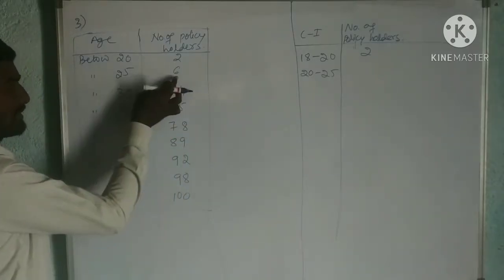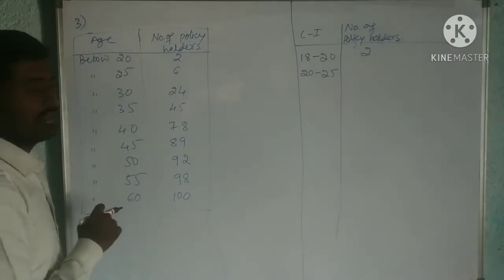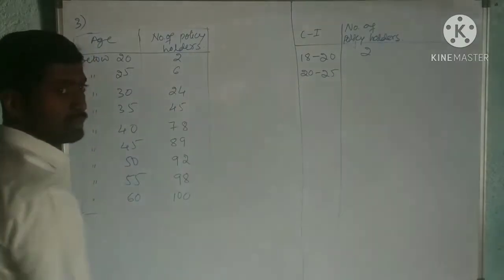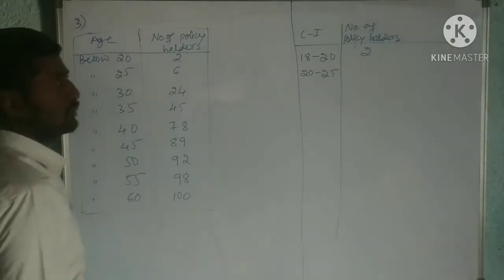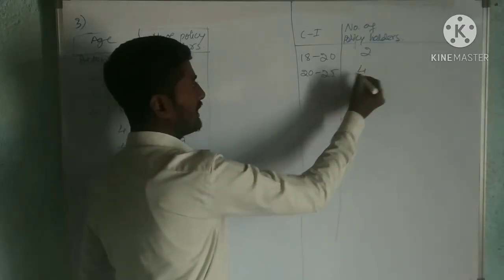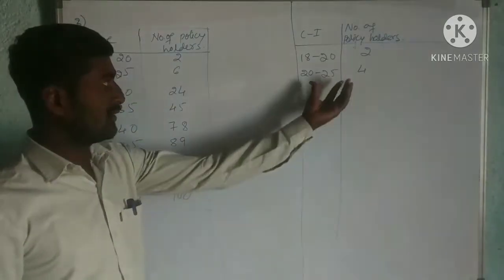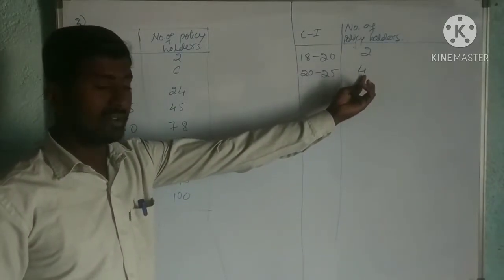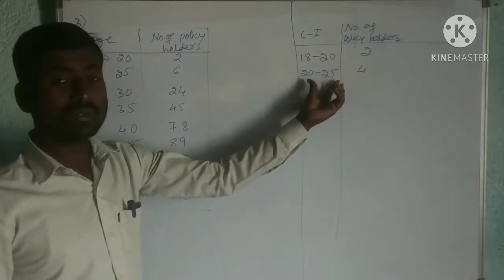Below 25 is nothing but these 2 persons also become under this. I want only the 20 to 25 range, so that's 6 minus 2, that is 4. 20 to 25 is the age of 4 persons.